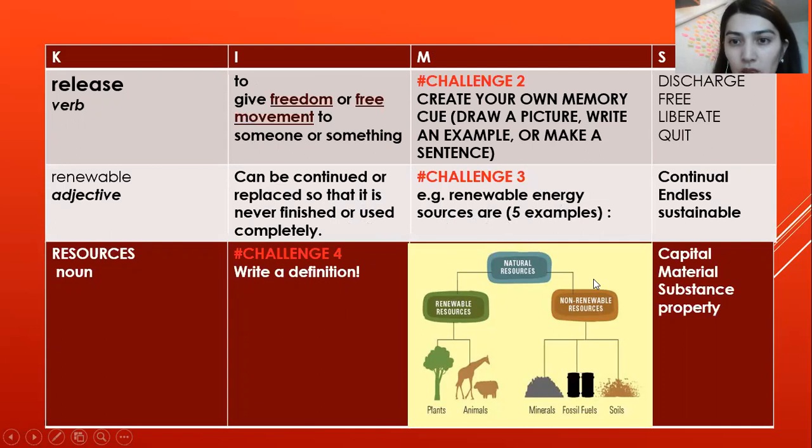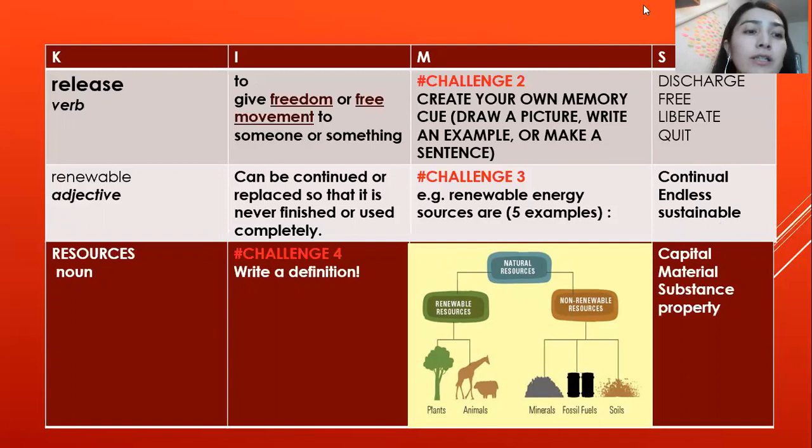List them down. For example, solar, and continue with others. For renewable, we have some synonyms: continual, endless, sustainable. For example, I'm sure you read the phrase sustainable energy in your chemistry book or physics book.